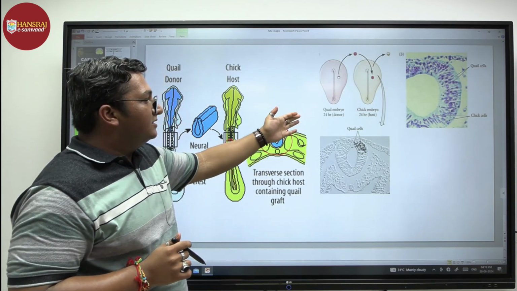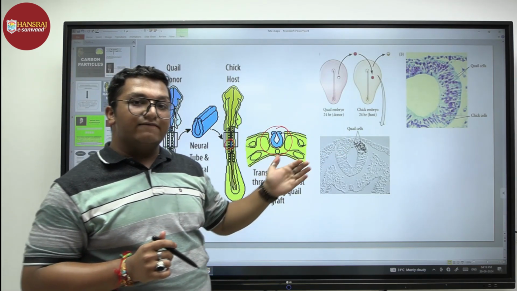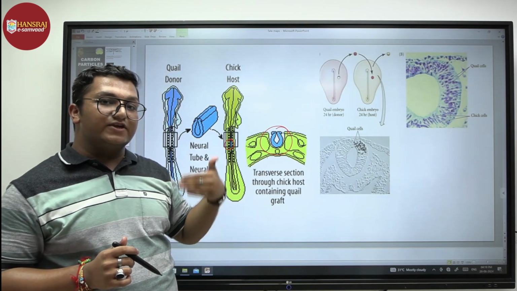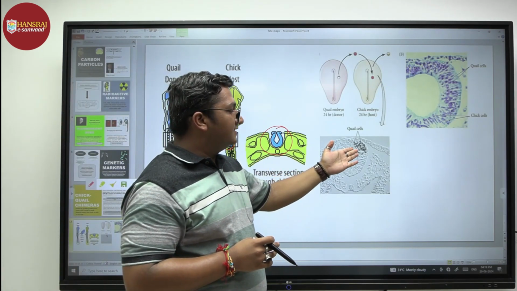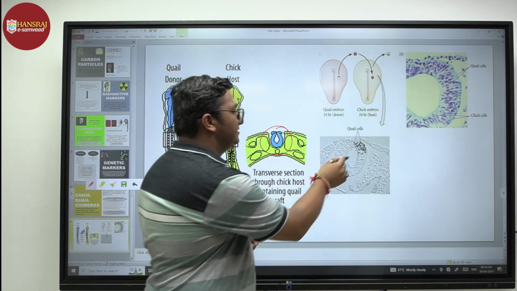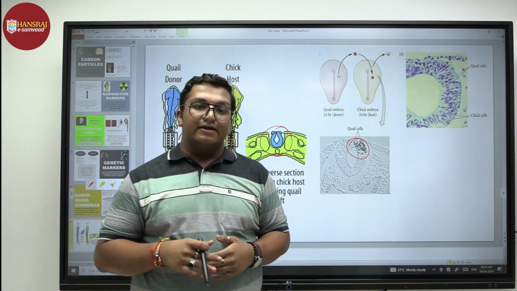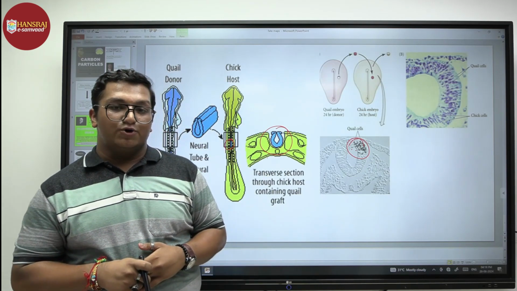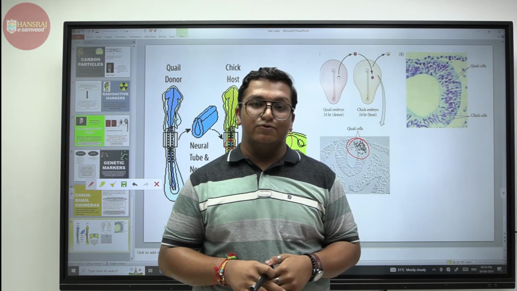When these cells are incorporated into the chick system, and when the chick is born, we can study at the later stages of development the movement of these cells. As you can see, these are quite easily identifiable, so we can create fine structure maps out of it. So that was all. I hope it was clear to all of you. Thank you.